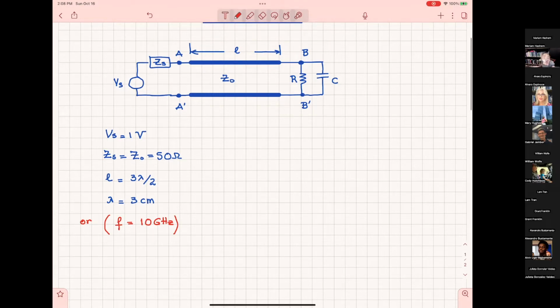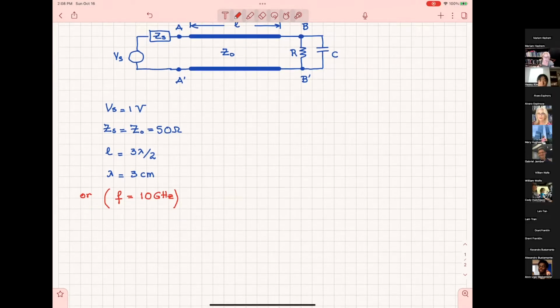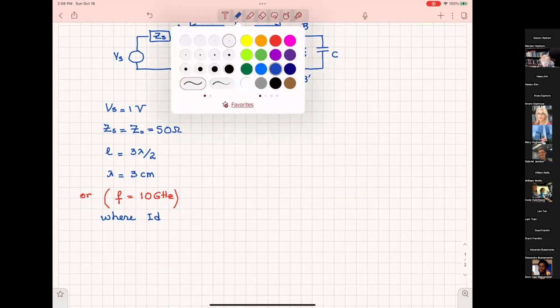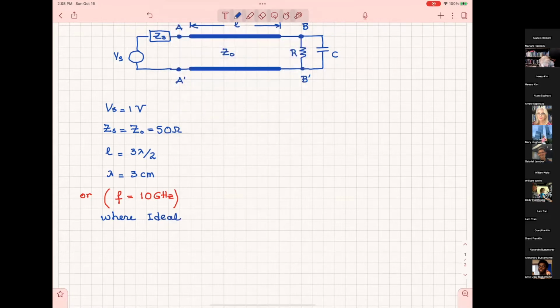And in free space, we know the relationship between lambda and F. So I'm writing here, for an ideal transmission line, we have that F times lambda is the velocity of light in free space, which is 3 times 10 to the 10 centimeters per second. All right.